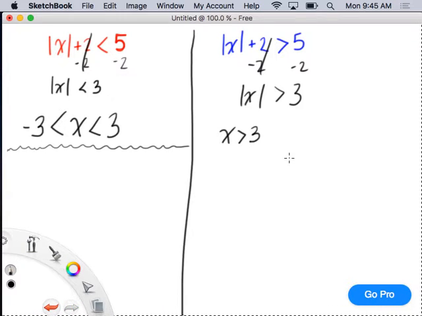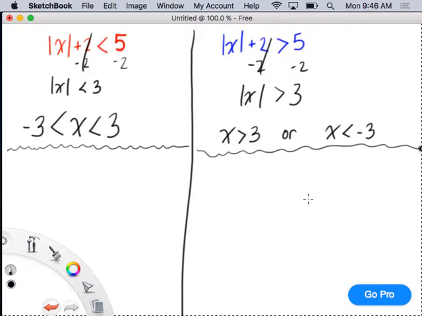That's always the first step. But this one is more than, so I don't write it with this notation, I write it as "or." So it's x is greater than 3, or x is less than -3. You guys understand that? Can you see that?